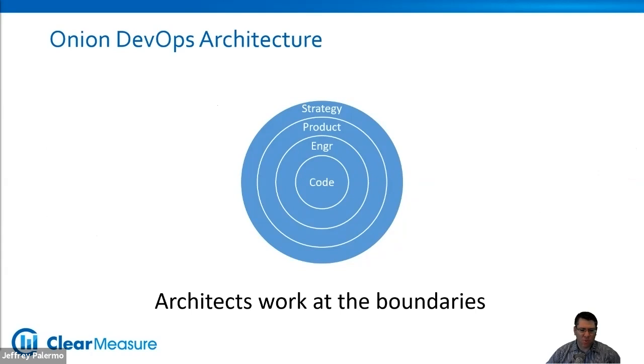The boundary between defining what the heck we're gonna do and how we're gonna influence our users, that's product, and then how we're gonna build it, key technical decisions, and then the actual coding process and builds and deployments, and the technical patterns and the libraries, and there are boundaries between each one. And so for any new architects or maybe aspiring architects on this webinar, architects don't work inside of a particular layer.